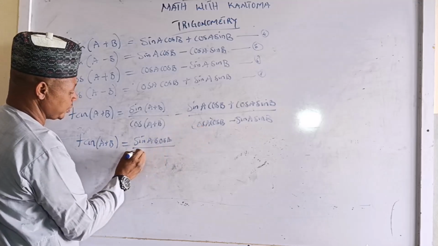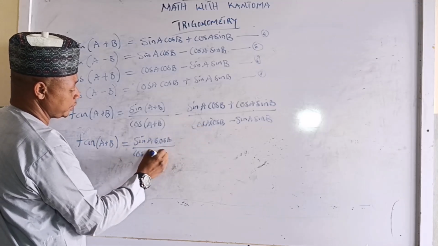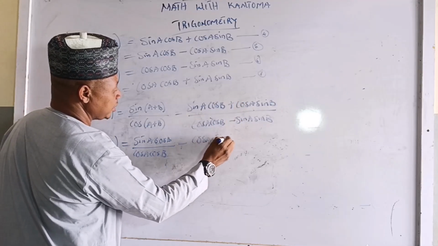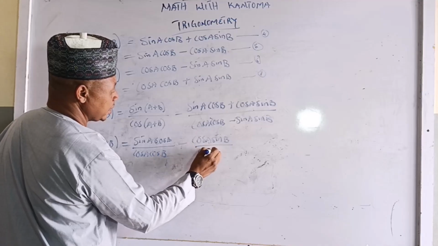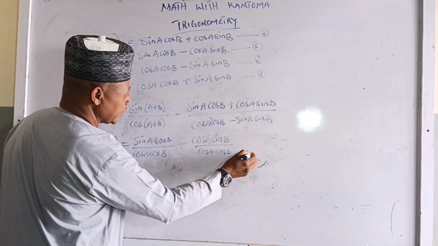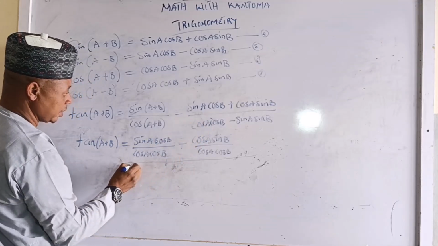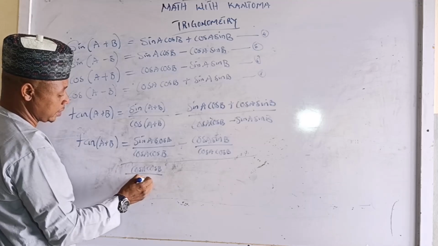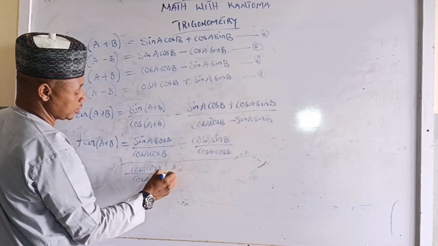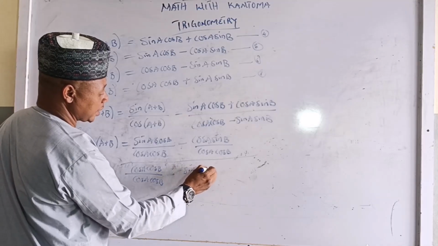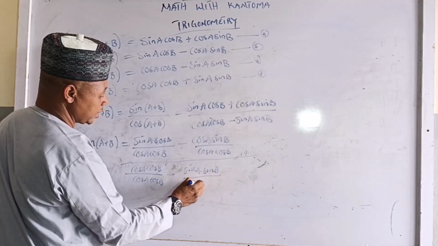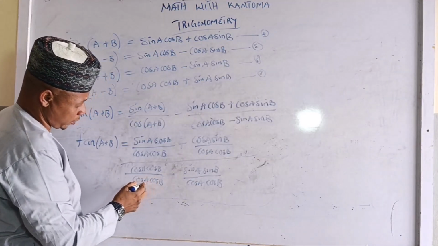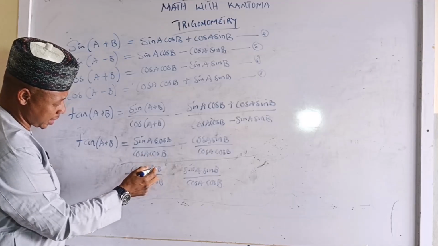Divide this by cos A cos B, plus this one we have cos A sin B divided by cos A cos B. Then this divided by this value here, we have cos A cos B divided by cos A cos B, then minus sin A sin B divided by cos A cos B. So now I can cancel out this.